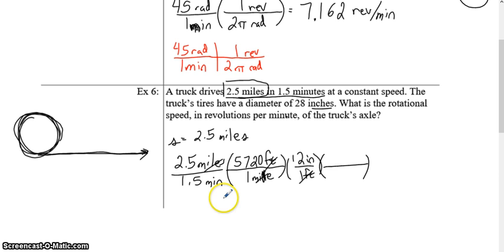Well, that would be, okay, so there's S. We would have to go, there are 2 pi r inches, r, the radius of 14, in 1 revolution. In other words, the circumference in 1 revolution. So now we have the number of revolutions per minute.